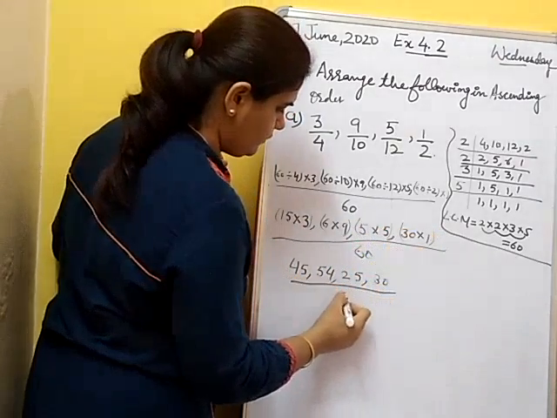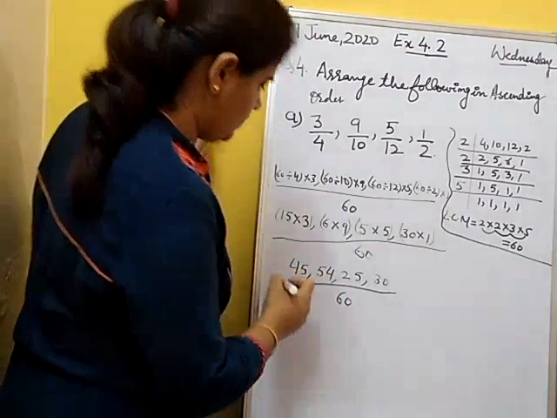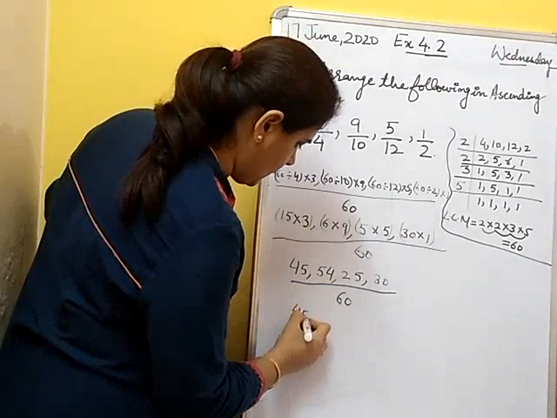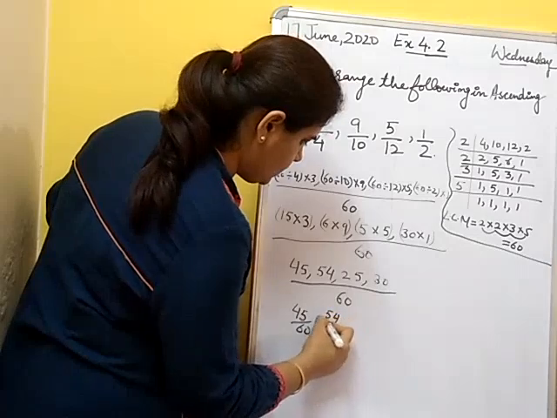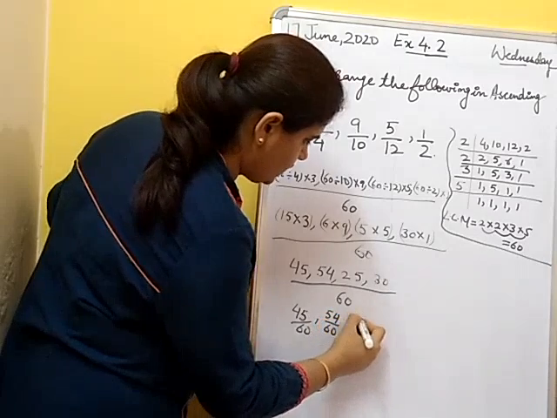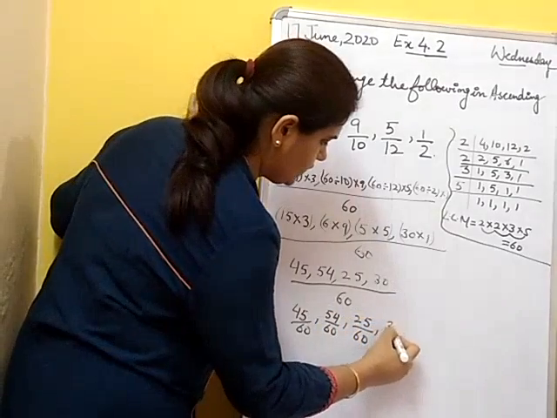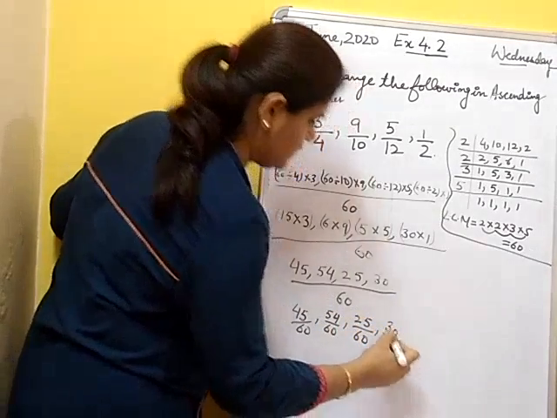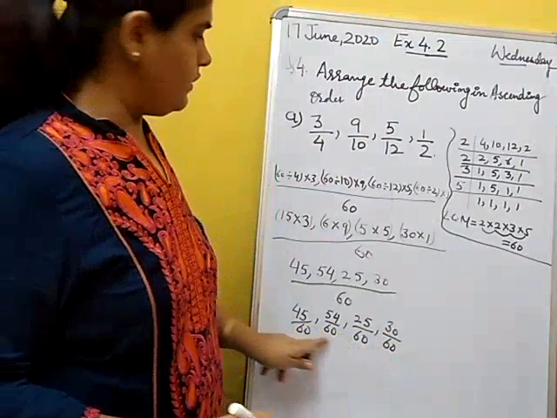Now you will separate the denominator. 45 upon 60 comma 54 upon 60 comma 25 upon 60 comma 30 upon 60. See, the denominators are same in each and every case.